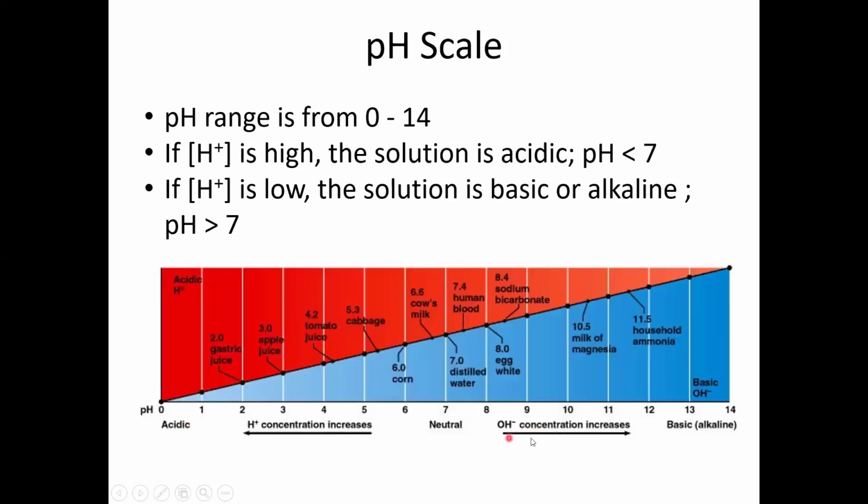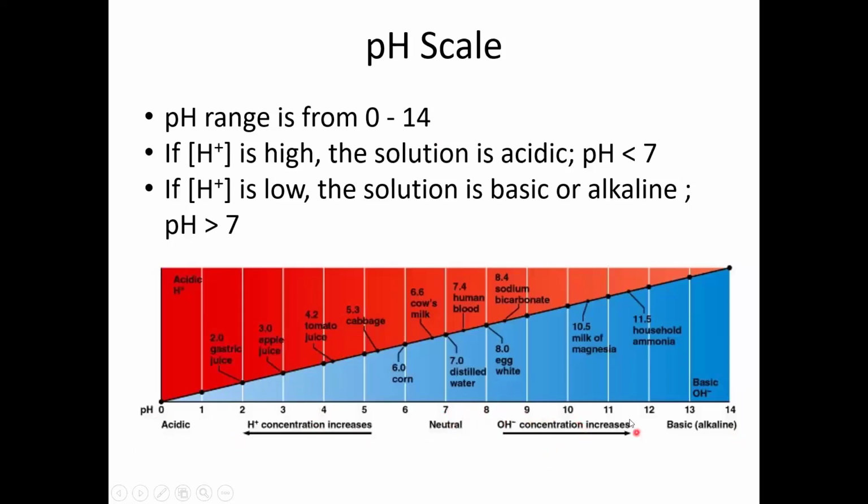And oppositely, pH 14 indicates the highest OH ion concentration, meaning this is the strong base, which is said to be alkali. So we can say that a solution is more acidic if it has a high concentration of hydrogen ions. If it has a low concentration of hydrogen ions, then it is a weak acid. If we move further from neutral pH, we can say that the solution is basic.